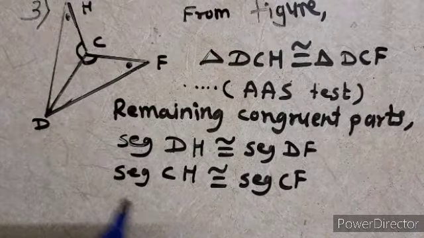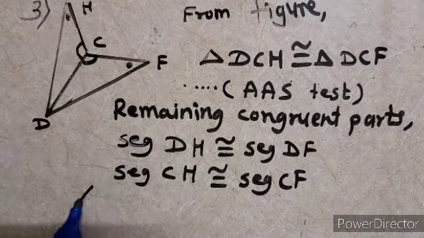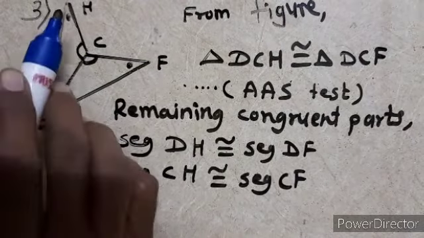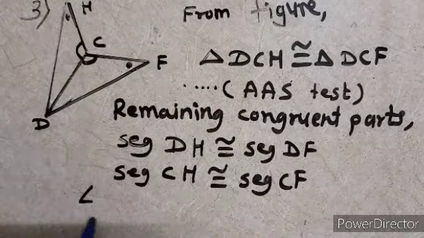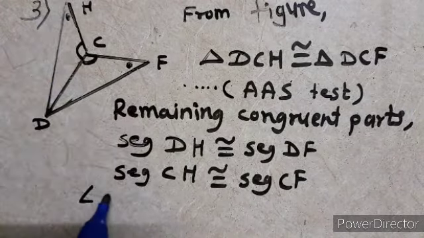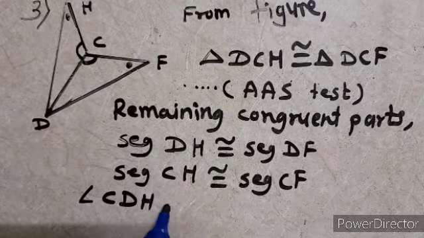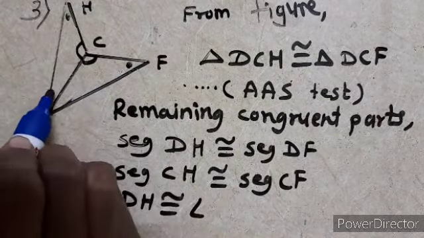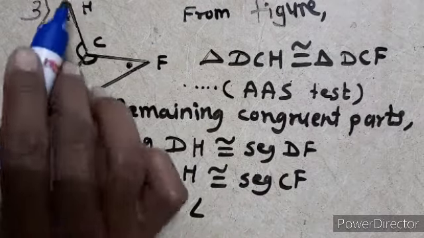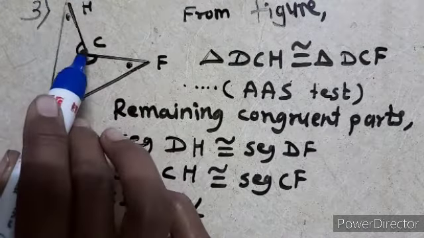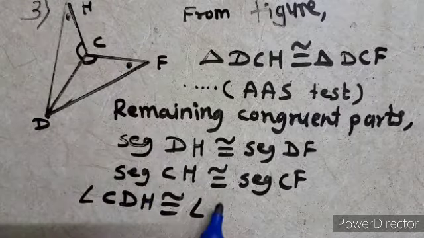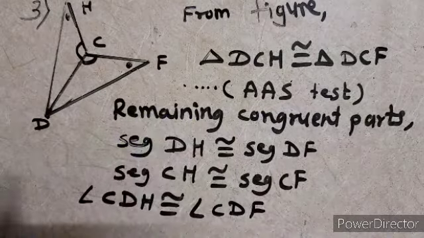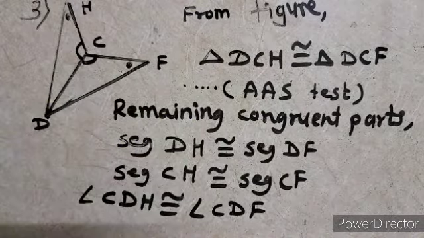Also angle CDH congruent angle CDF, these two angles. These are the remaining congruent parts of these two congruent triangles.